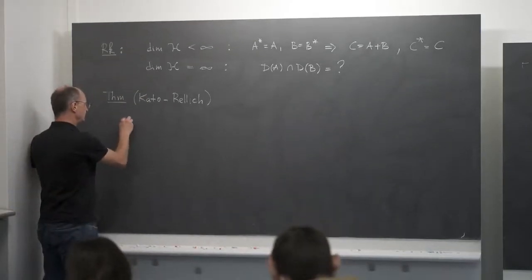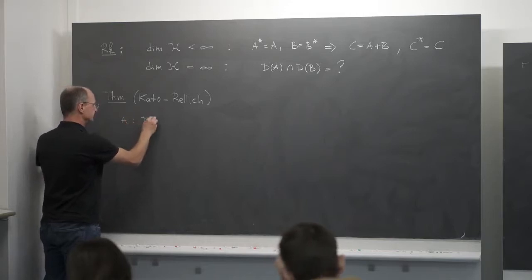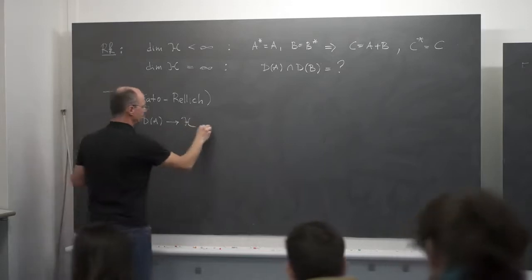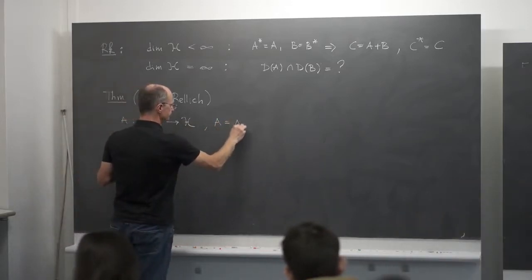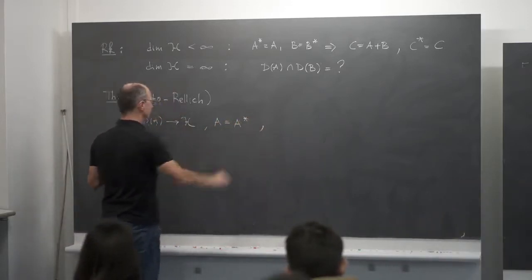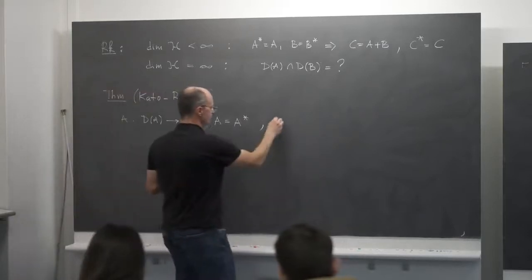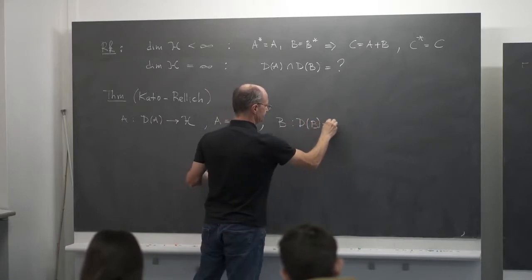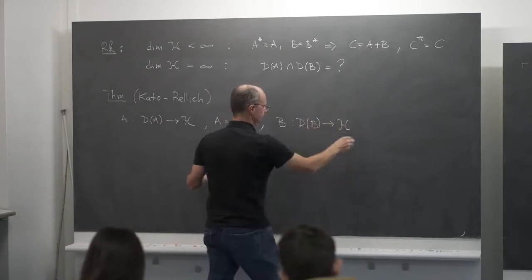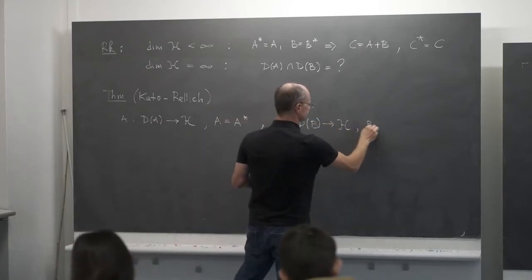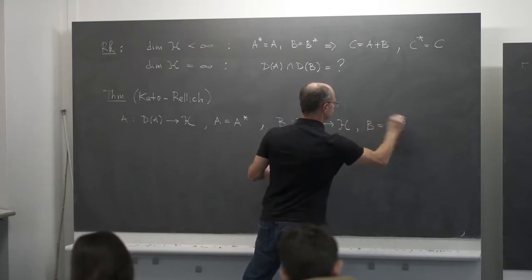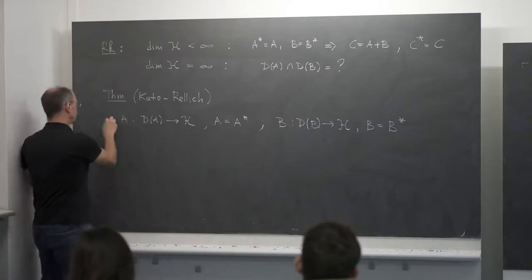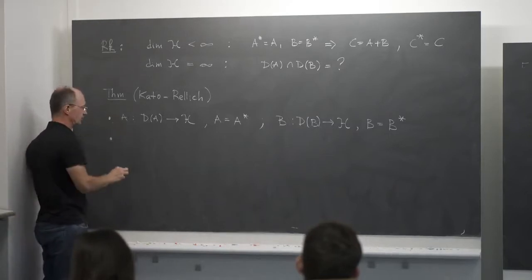We have A, an a priori unbounded operator, self-adjoint. And we have another operator B, also self-adjoint. And we have the following conditions.